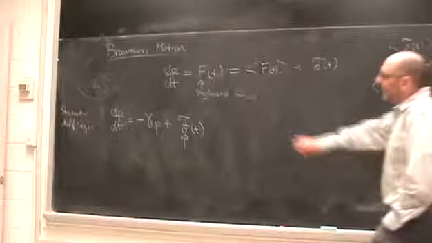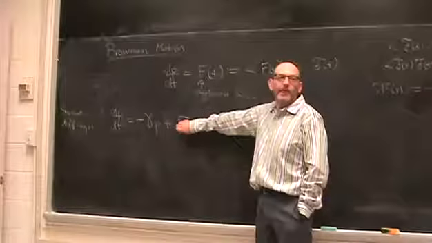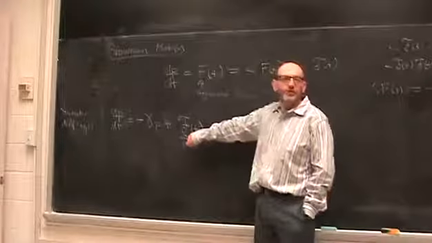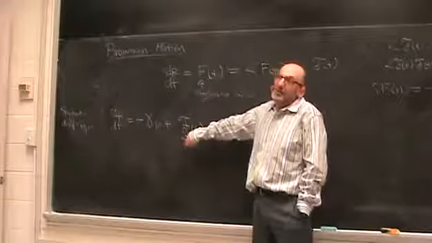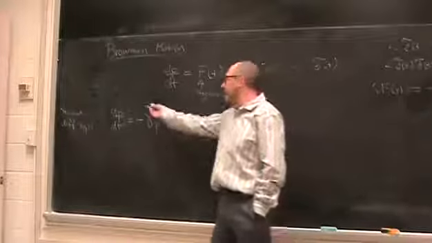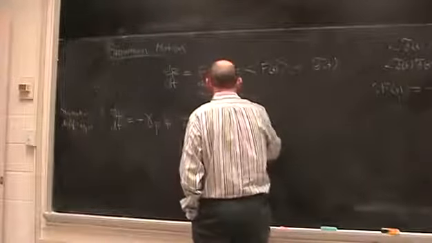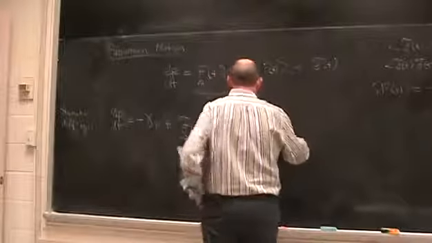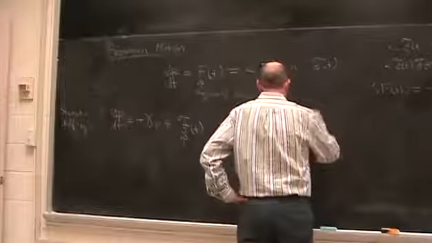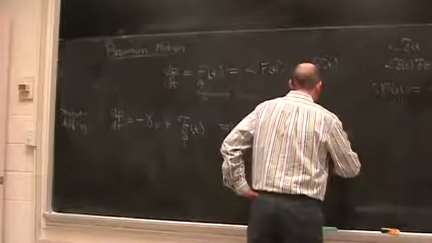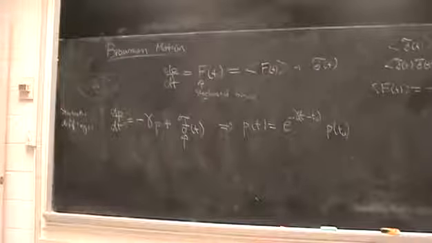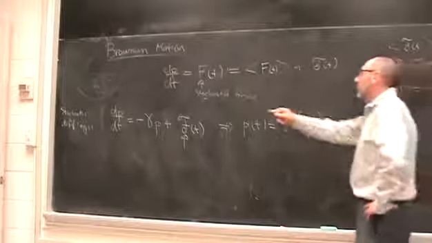Well, if I didn't have this term, I know how to write that down, right? That's just a damped exponential damping. This is a source term. So I need to write down the Green's function for the system, and that's easy to do. So this is the homogeneous solution, that's if I had no force.